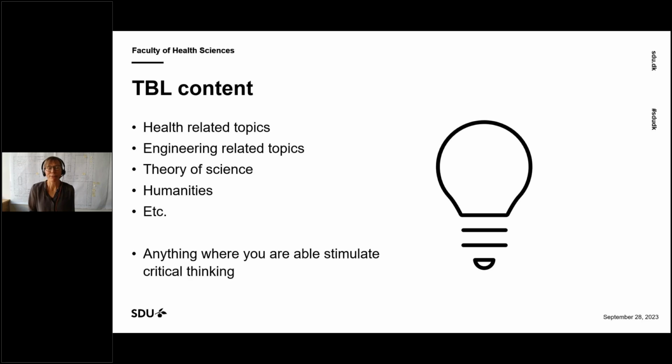Of course it's easy with patient cases, but for example in theory of science: which research design is relevant, if you have a hypothesis, which research design should be used. We have had in anatomy a case with a knife in the back with 3 different scenarios, all depending on where the knife had hit.